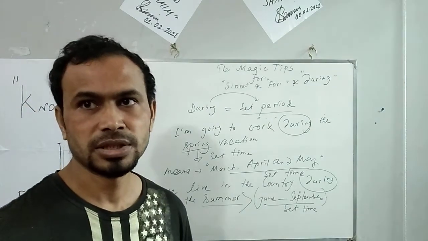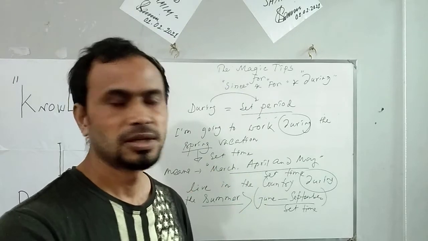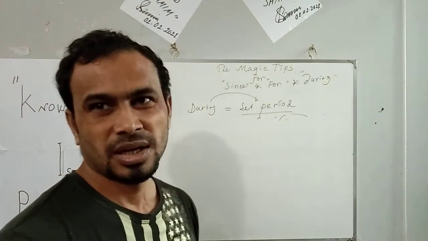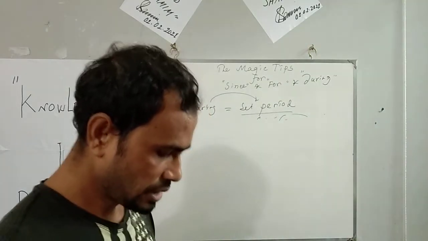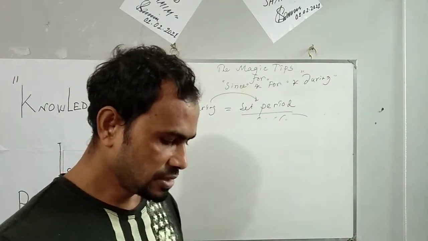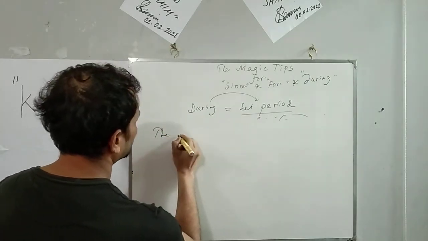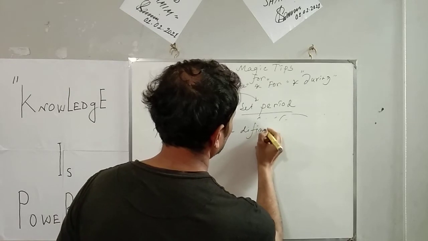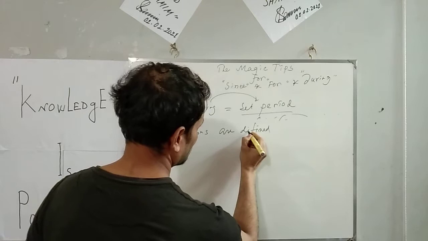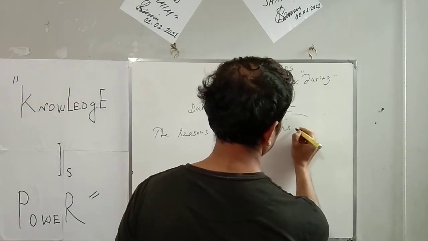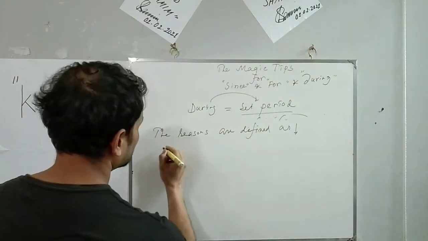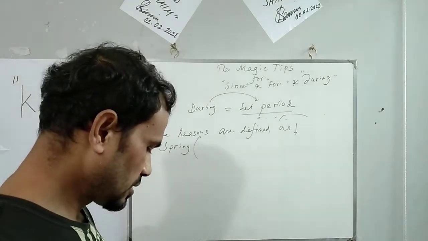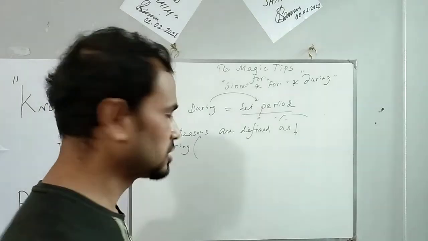So important, notebooks, I think you should write it down. Okay, about set period. I think these notes would help you a lot. Okay, so let's write. The seasons are defined as spring. Spring, the set times, or we can say spring means March, April, and May.